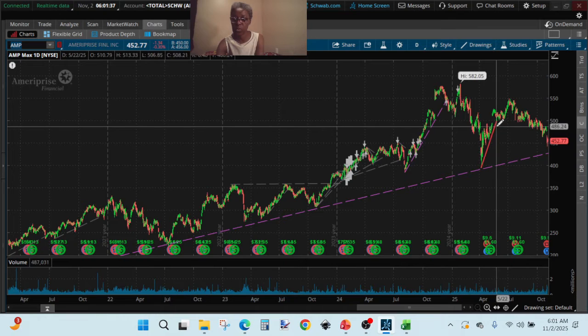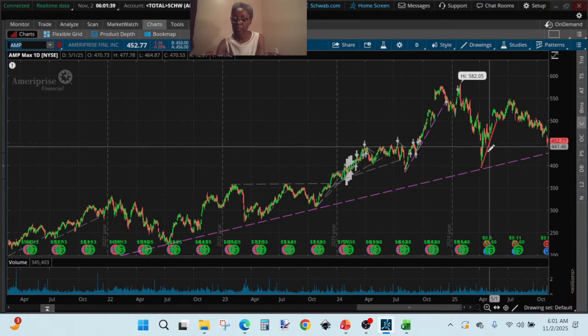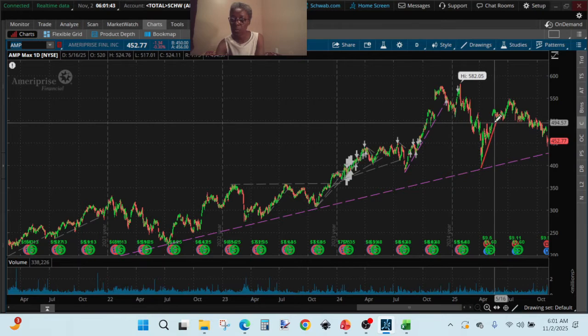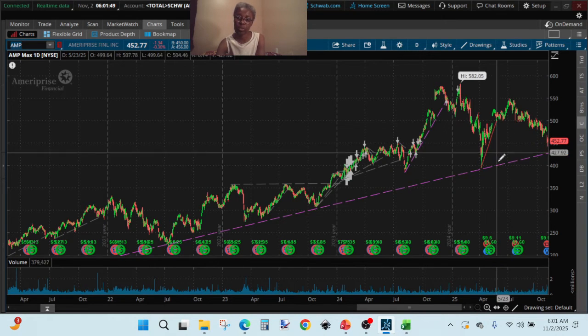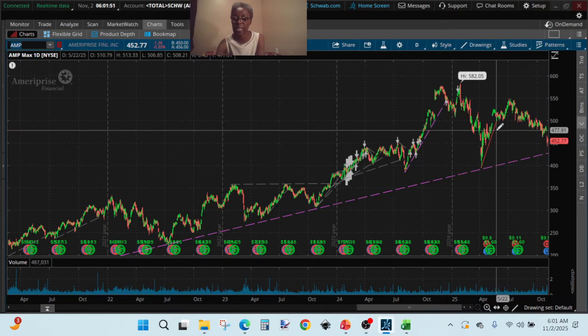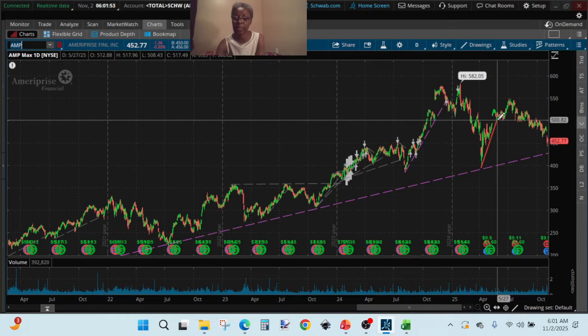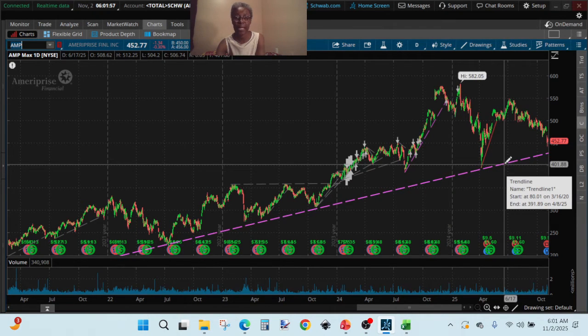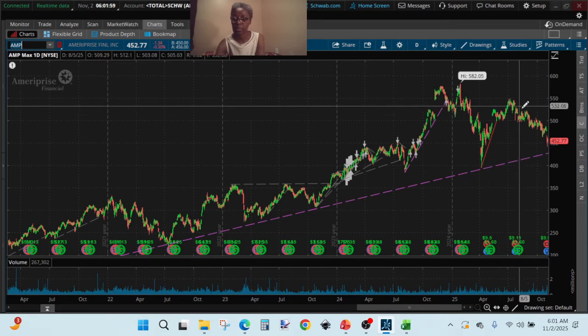We kept observing it to see if we can buy it, but I think by the time we were looking at it, we might have been somewhere here, and we probably thought it was just too far from the support line to get in, and it's closer to the midpoint from the highest peak to the valley line, and we just kept observing it.